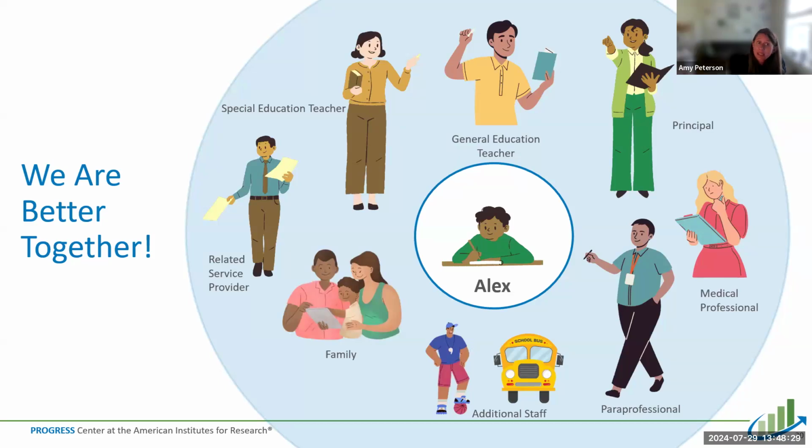So that might be in the IEP meeting for some key critical roles. It might be in the implementation of that programming and the experience for the student across their school setting. So really that collaborative nature of this IEP development and implementation is so critical.